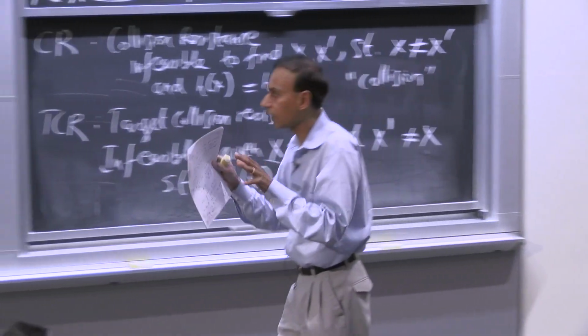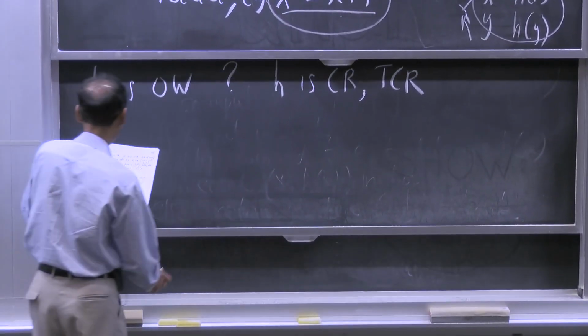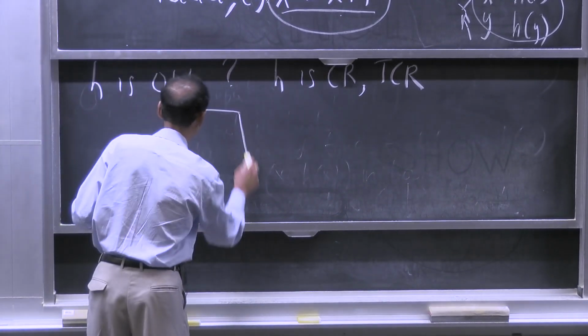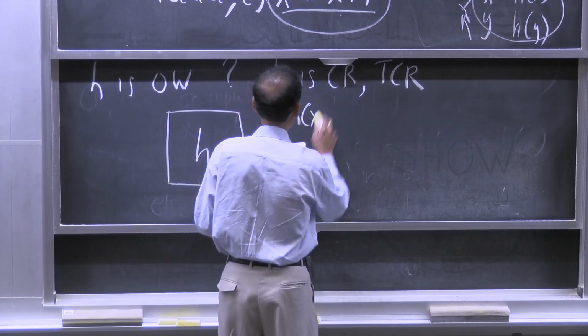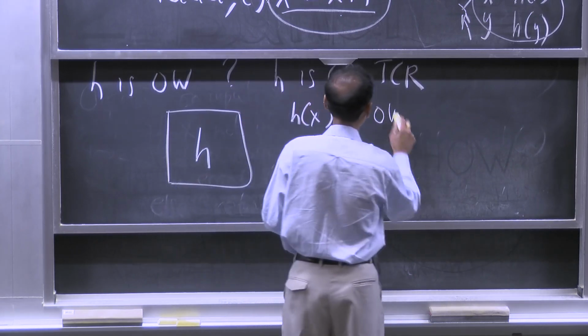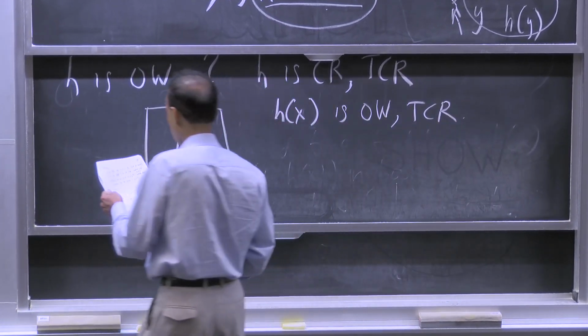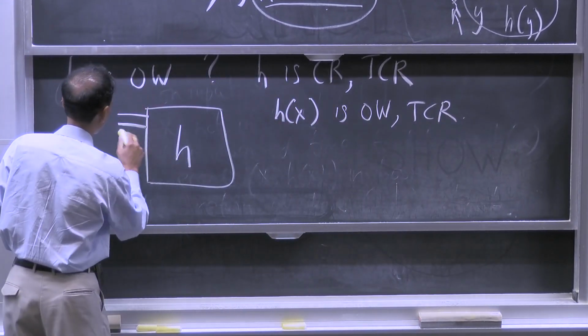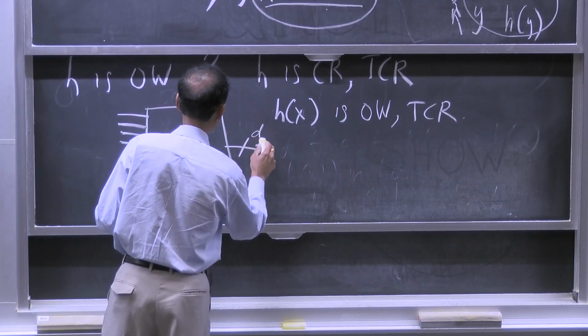So I'm going to try and extract this out of you. This is somewhat subtle, but the way you want to think about this is, let's say that h of x is OW and TCR. I have a bunch of inputs, x1, x2 to xn, and this is the output, and I get d bits out.